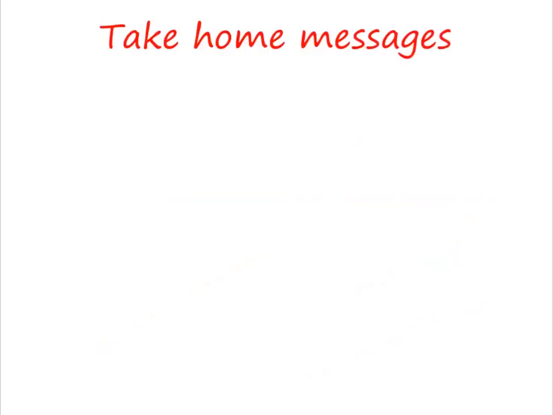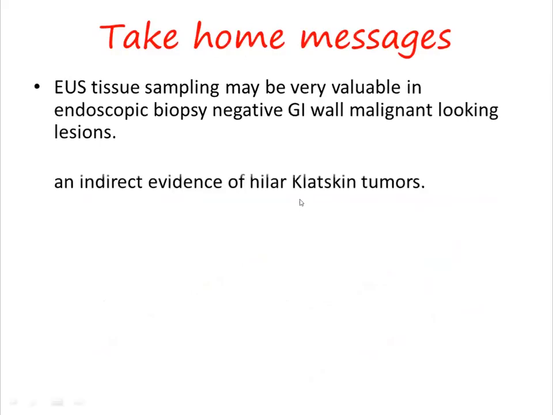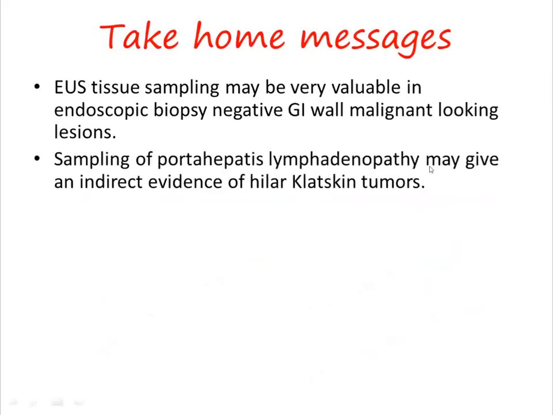Now come to the take-home messages. EUS tissue sampling may be very valuable in endoscopic biopsy negative GI wall malignant looking lesions. Sampling of porta hepatis lymphadenopathy may give an indirect evidence of hilar cholangiocarcinoma.